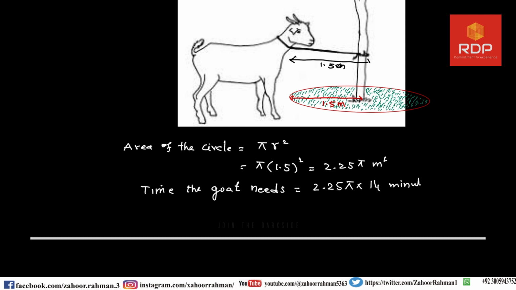So 2.25 pi will require 2.25 pi into 14, and when we insert the value of pi and multiply, we will get 99 minutes, and that is the ultimate answer of this question.